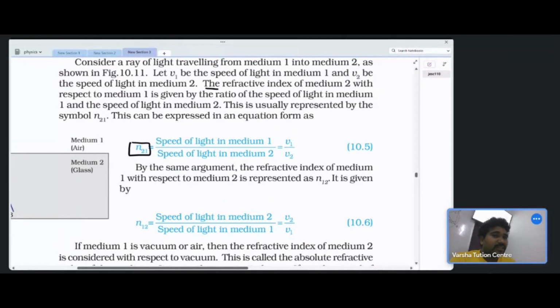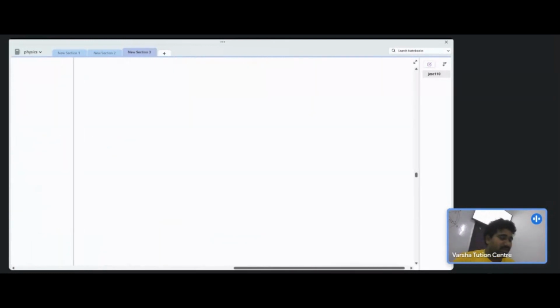The refractive index of medium 2 with respect to medium 1 is nothing but n21. Or else you can see below: the refractive index of medium 1 with respect to medium 2 is n12. Understood? So please write this one here.